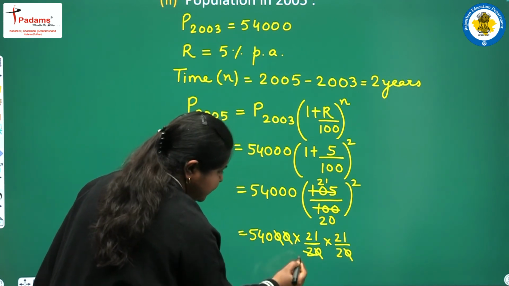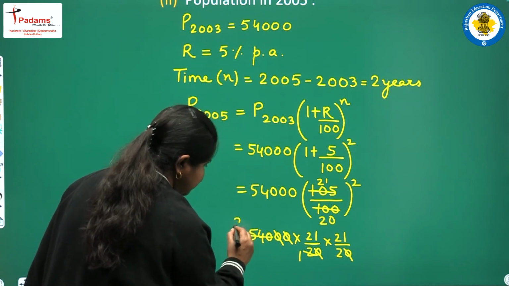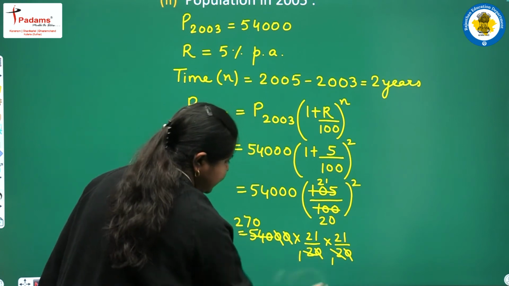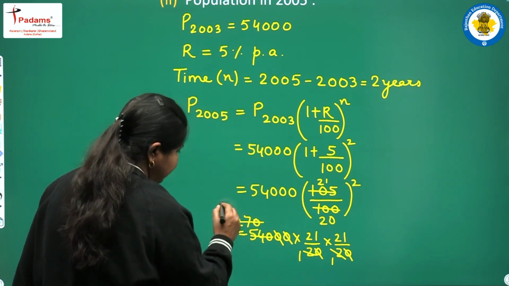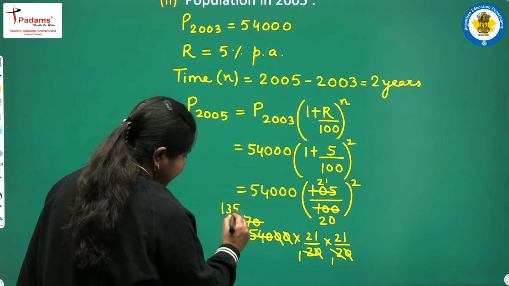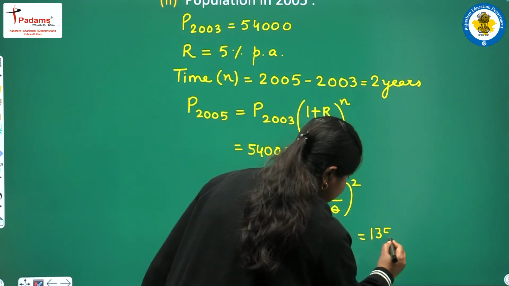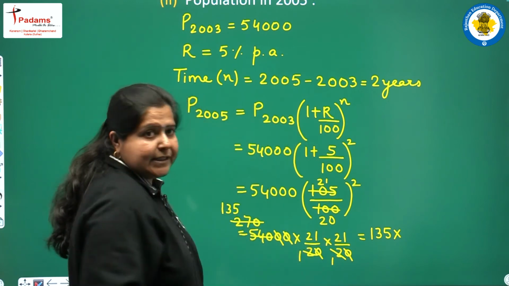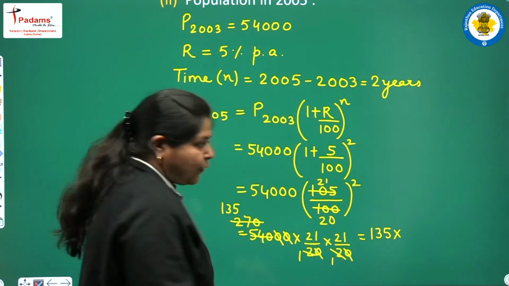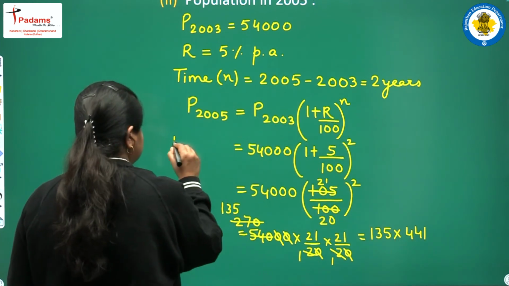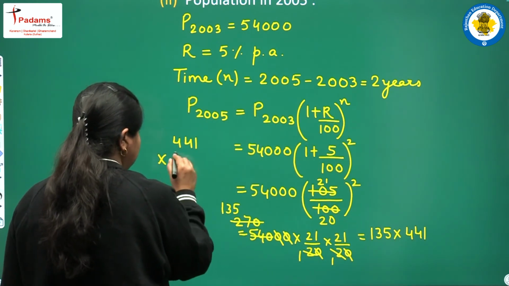We can divide by 2 one time. Here 2 2s are 4, 7 2s are 14 and 0. Again on dividing by 2, here we have 1 and here we will have 1, then 3 and 5, 135. This will give us 135 into 21 into 21. 21 square is 441. So we need to multiply 441 and 135.